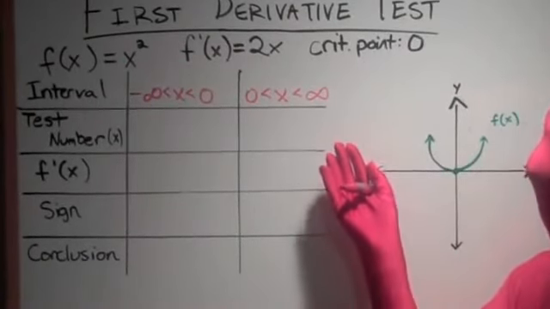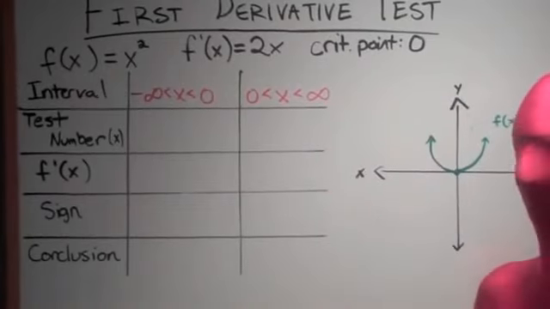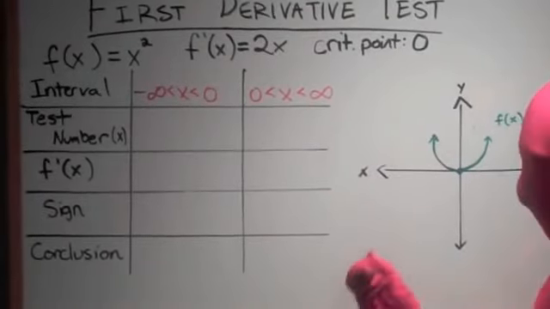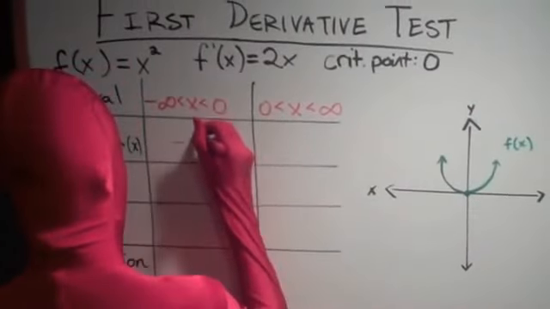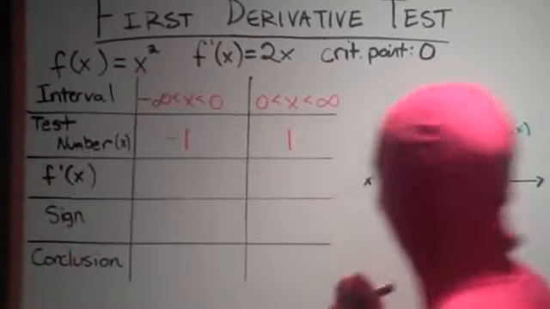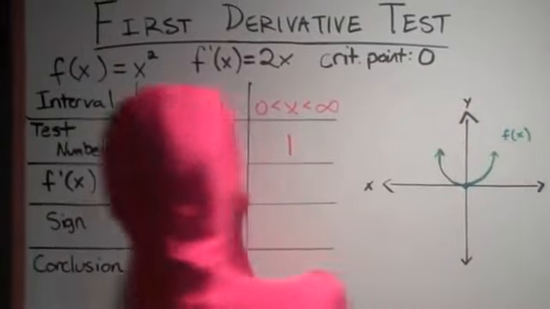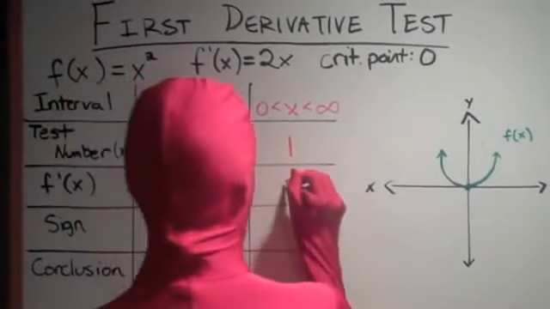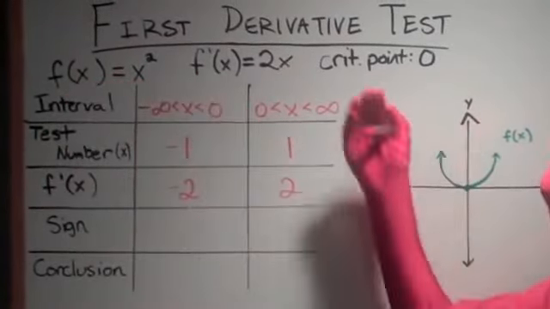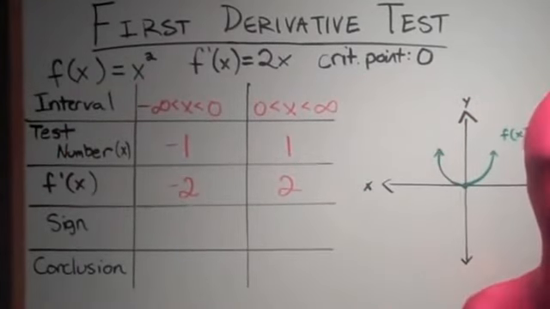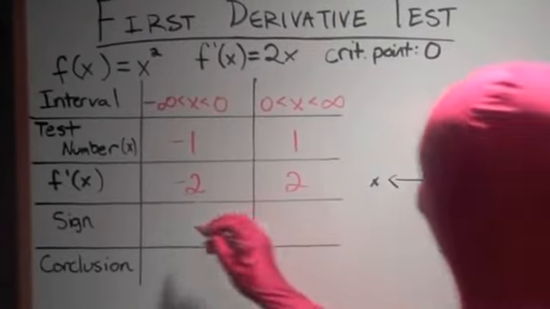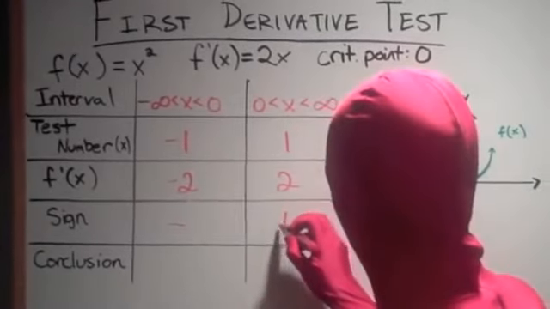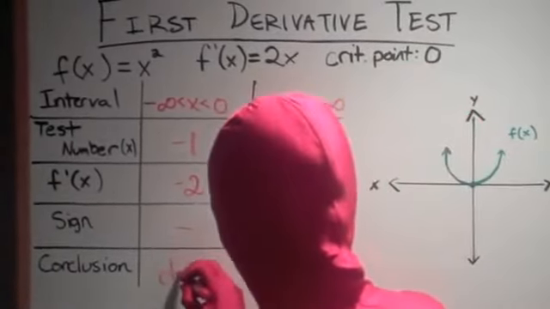We can determine whether an interval is increasing or decreasing by plugging in any value in that interval into f prime of x. For example, negative 1 and 1 come out to negative 2 and 2 by plugging in the numbers to f prime of x as shown above. The signs of the intervals are then negative and positive, therefore decreasing and increasing.